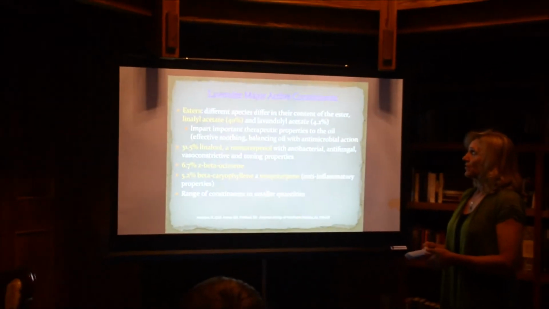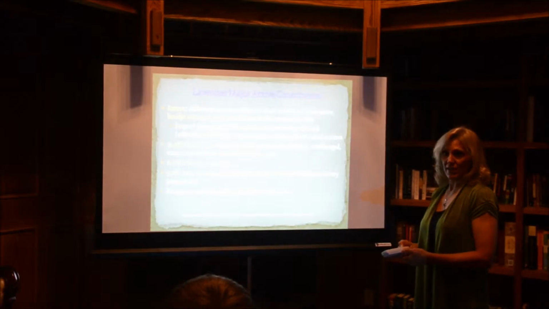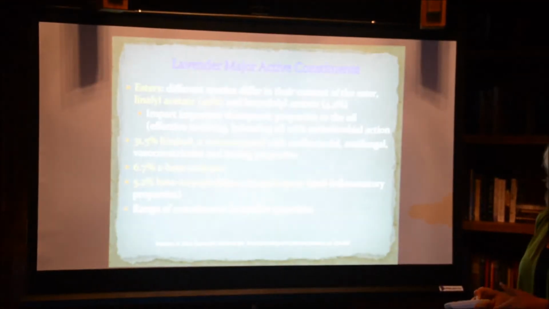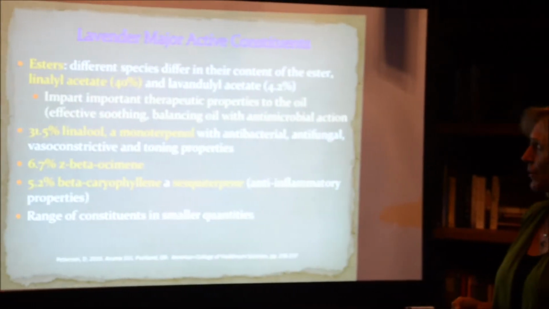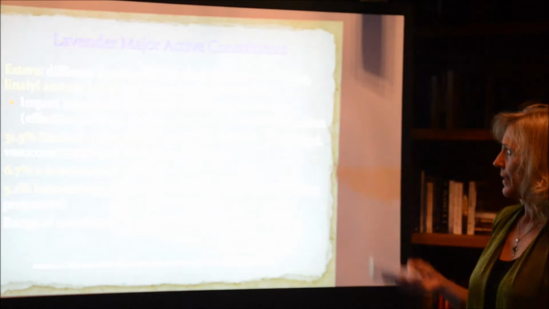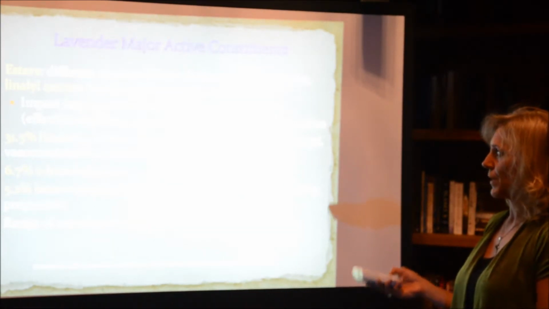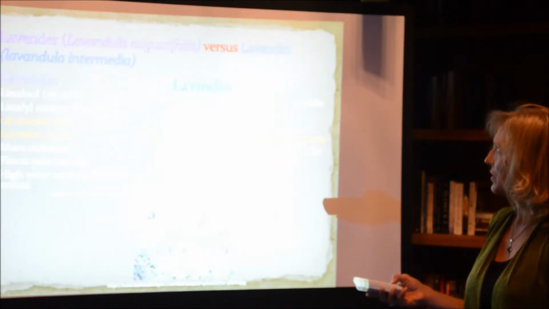Lavender is grown mainly in France, at different altitudes, and the higher altitude lavender is the fine lavender, which has the most sedative effect. It also has monoterpenols, and has antibacterial, antifungal, vasoconstrictive and toning properties, and a multitude of other constituents in smaller quantities.